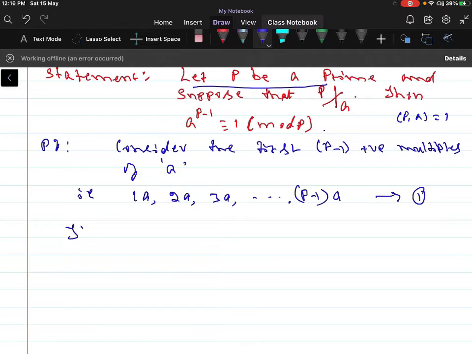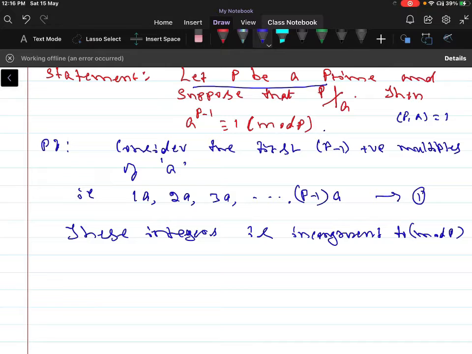So these integers are incongruent to any other integer.